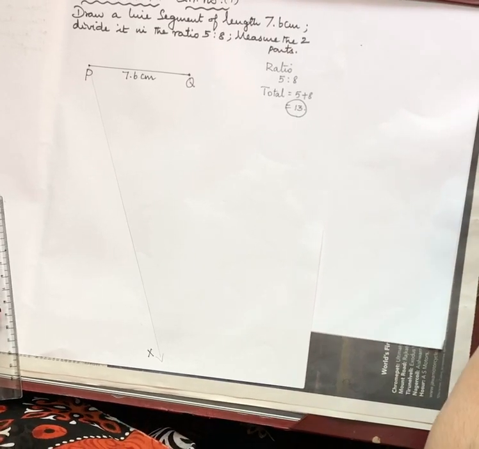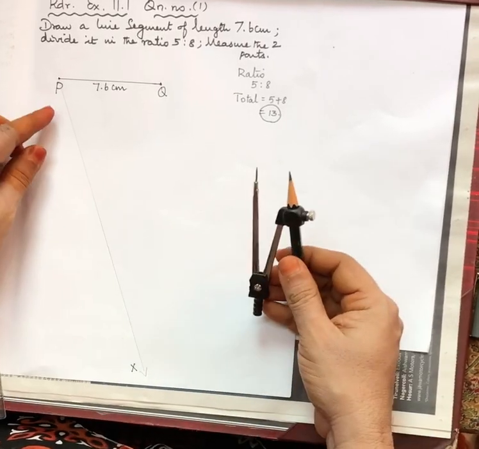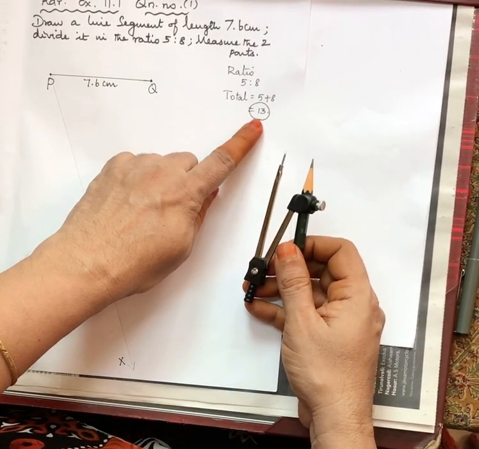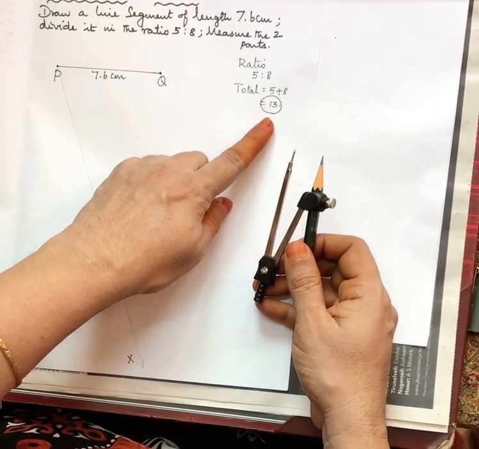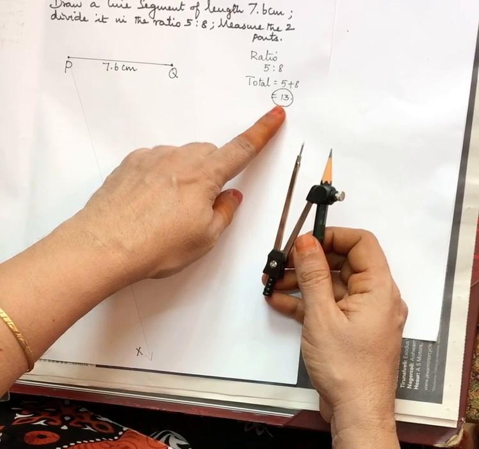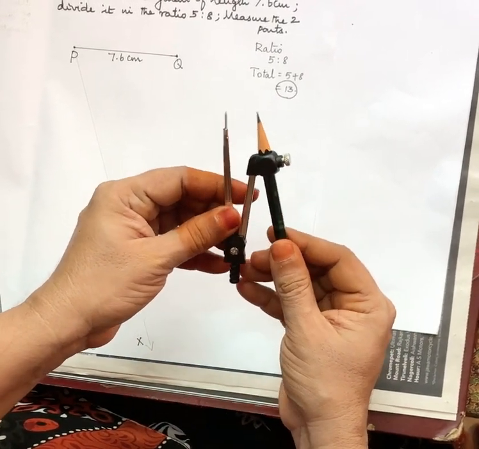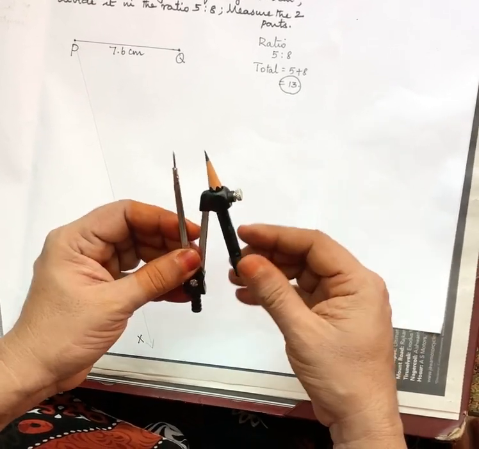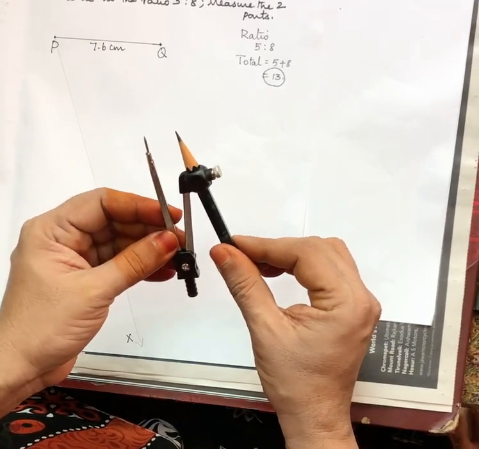Now, take your compass with convenient radius. On this line segment, I am going to make 13 arcs. So, very carefully you adjust the radius. Convenient radius you take. You are going to do it with the compass and pencil.